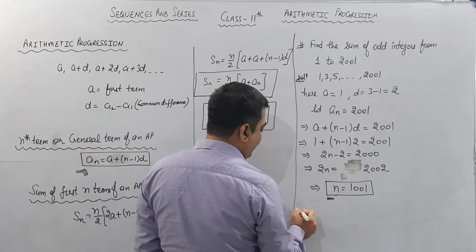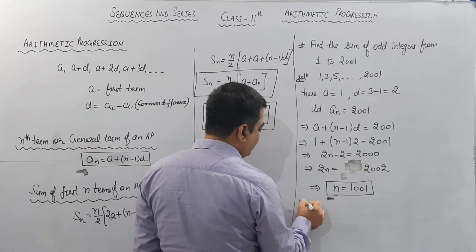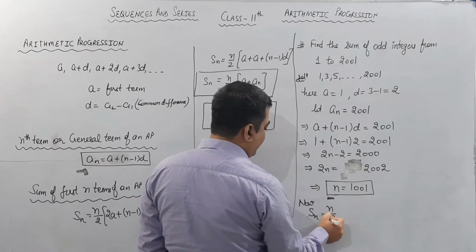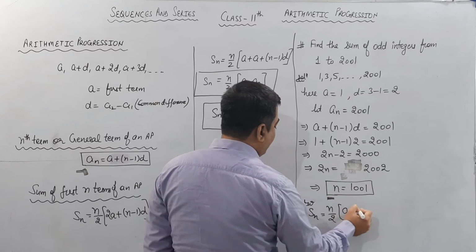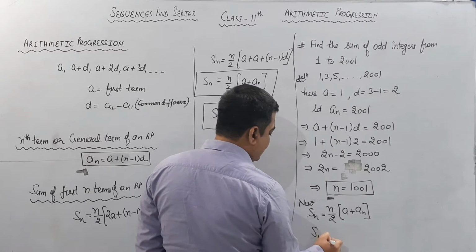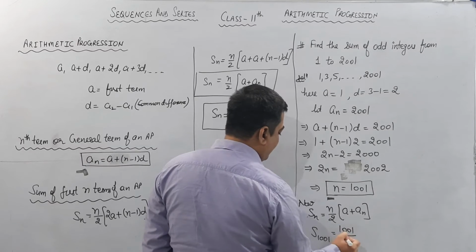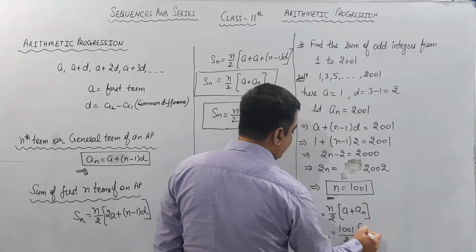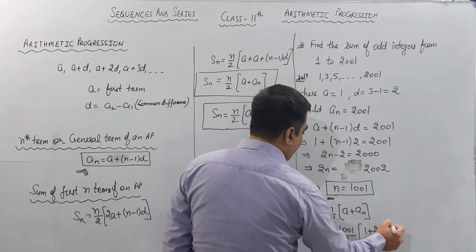First I will write the formula Sn equals n by 2. You can apply any one because the last term is also given here. I will apply a plus an. Then S1001, fill the value of n: 1001 upon 2. Value of a is 1 and an is 2001.